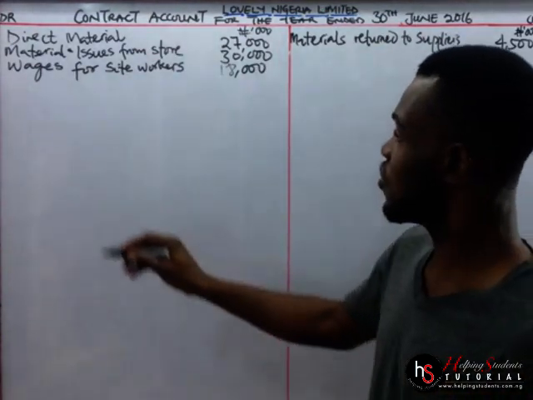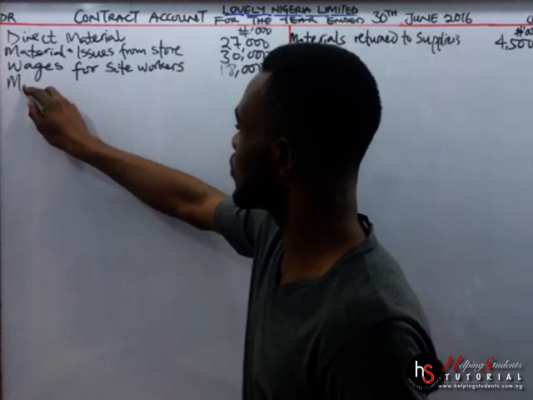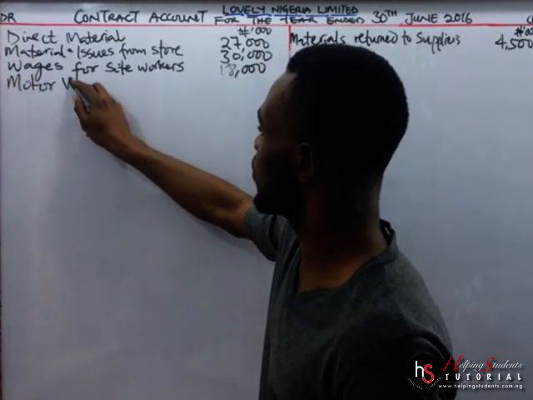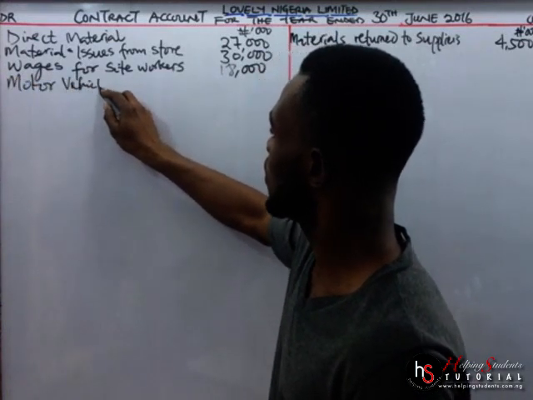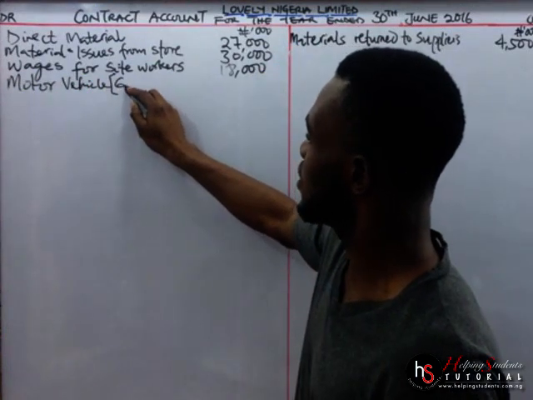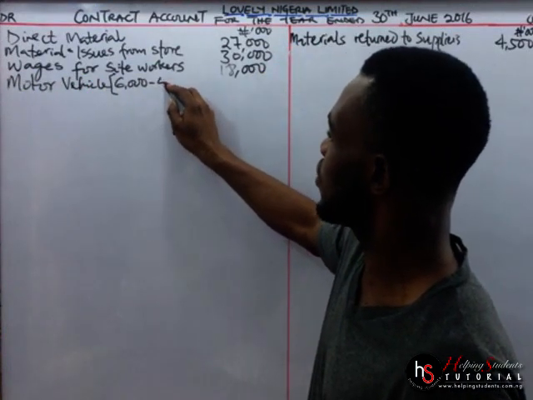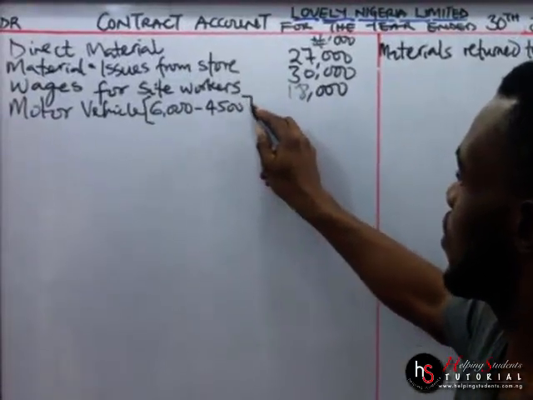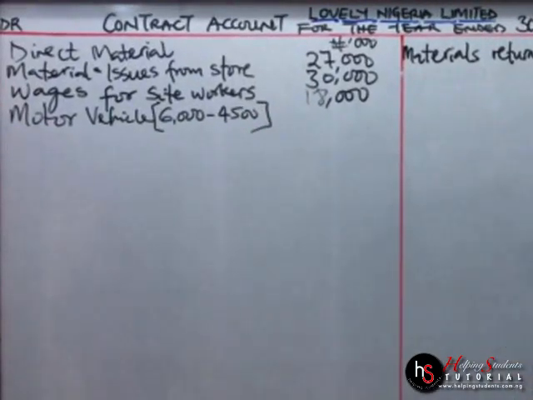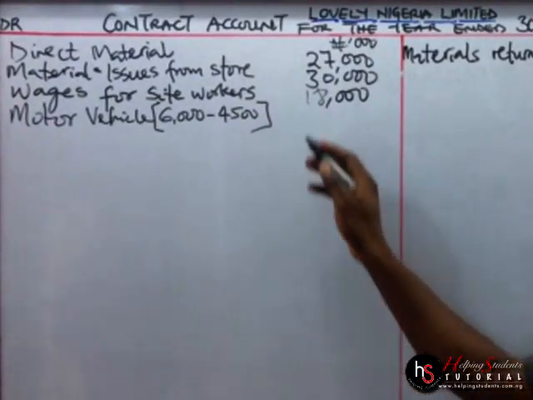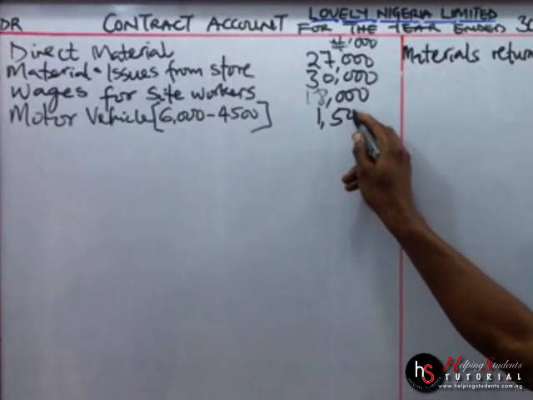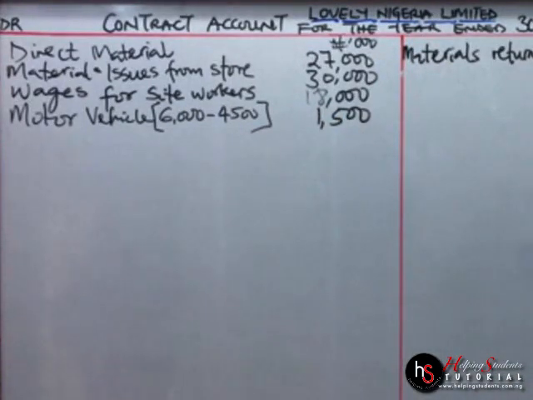So what we are going to do is this. You write what? Motor vehicle. We'll have the motor vehicle. Then in brackets, we have what? 6 million minus 4.5. Okay? So it gives us what? 1.5. We have 1,500. Okay?